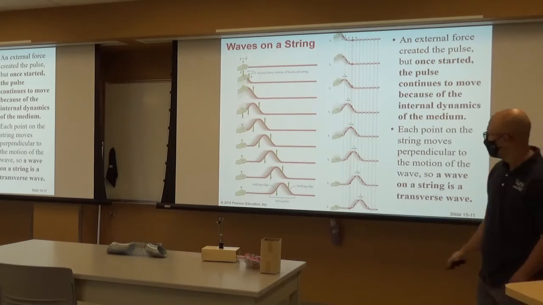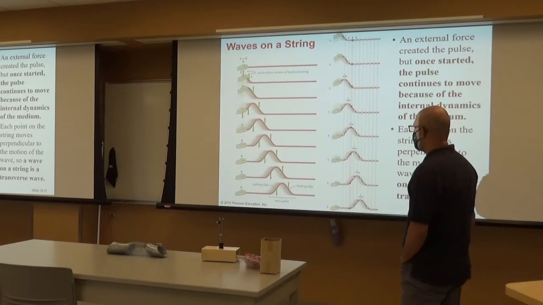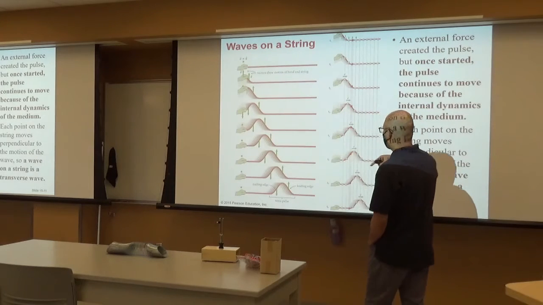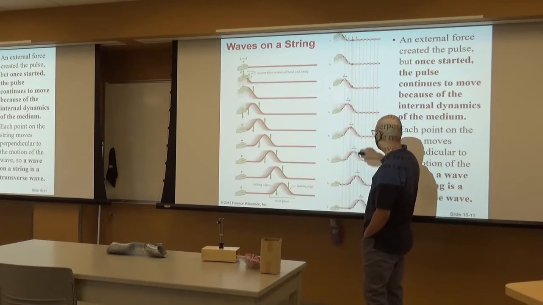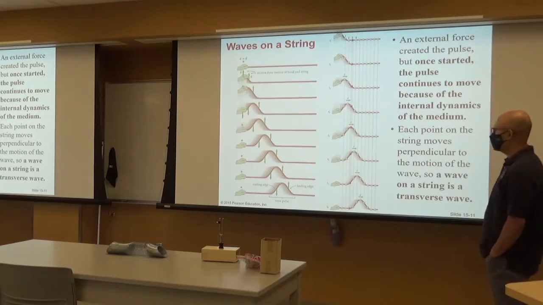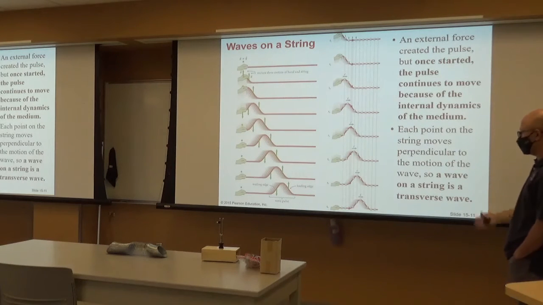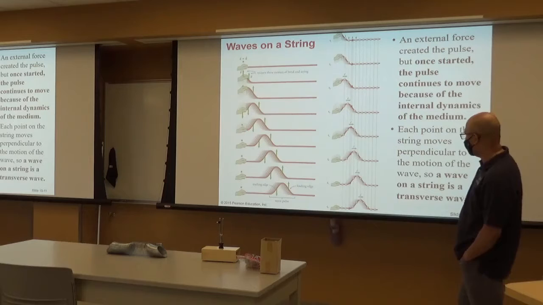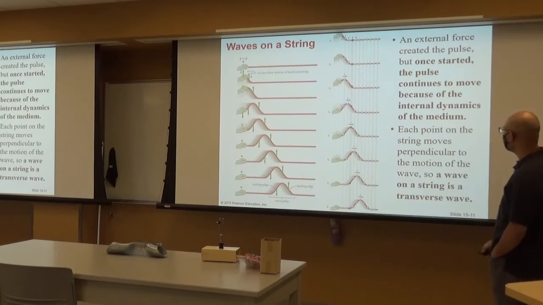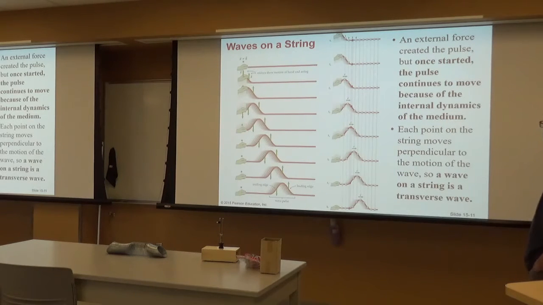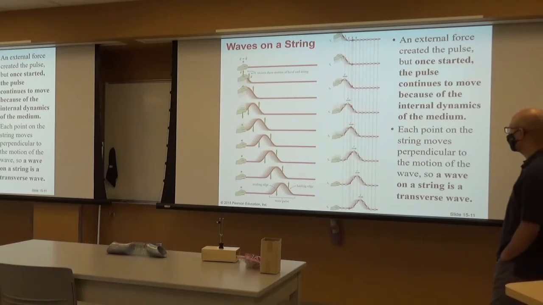So basically, this kind of curvature is due to the internal dynamics of these molecules. Okay. So they pull each other in different directions. And because of that, you get this kind of curvature. So basically, when you produce a disturbance, that produces a pulse, and that pulse moves along the string.